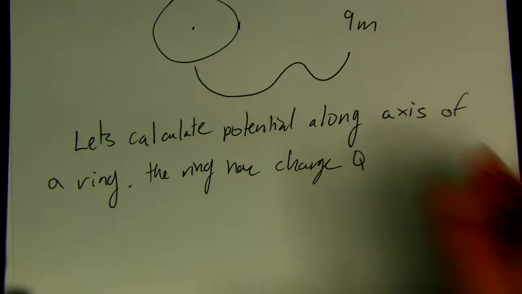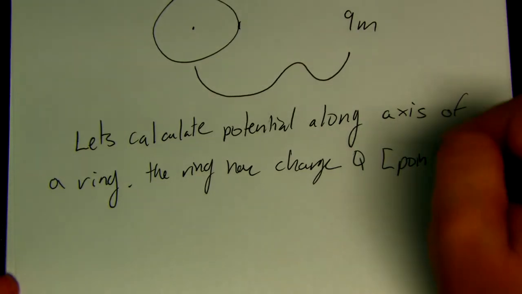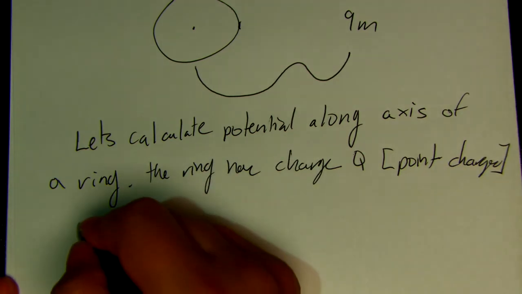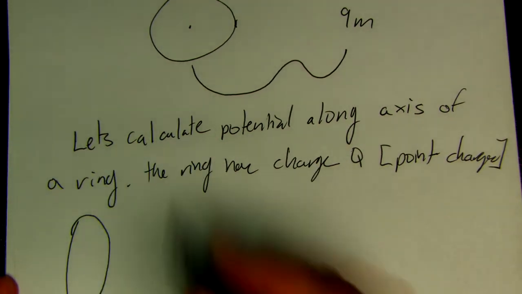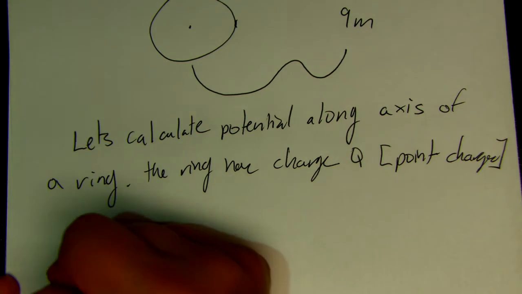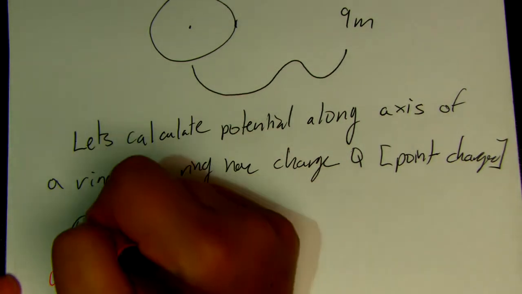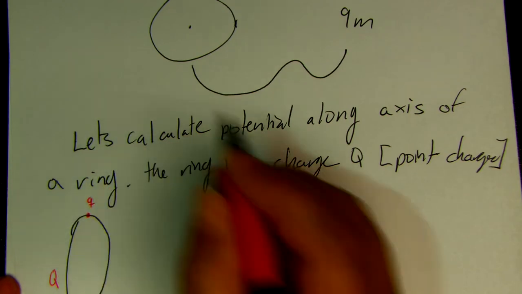And we'll treat it as though it's made of point charges. So here is our ring. It's got some different colors going on here. So we'll say it's made of little q's.